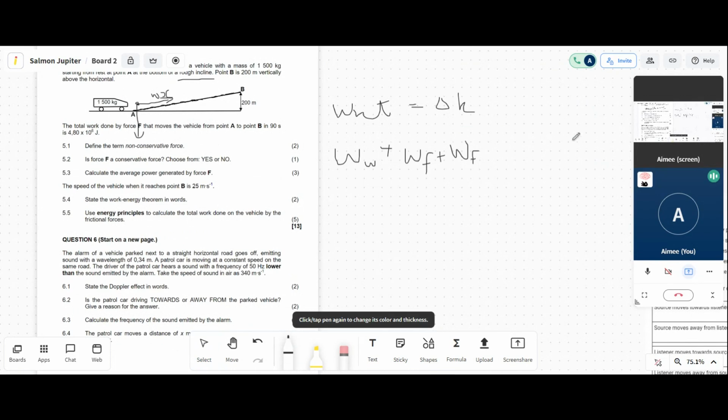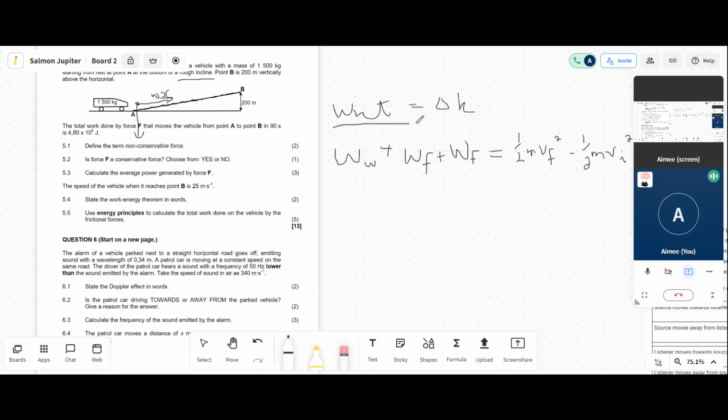Okay, and we say equals our change in kinetic energy is going to be half m v_f squared minus half m v_i squared.